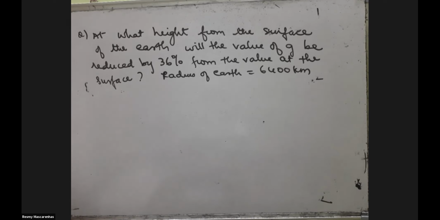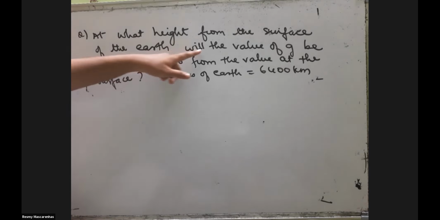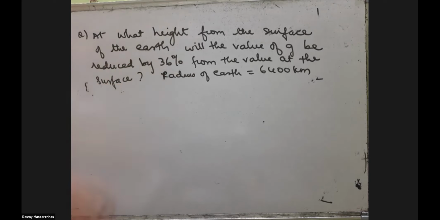Okay. Now what all data has been given? The question says g will be reduced by 36% from the value at the surface. At what height?